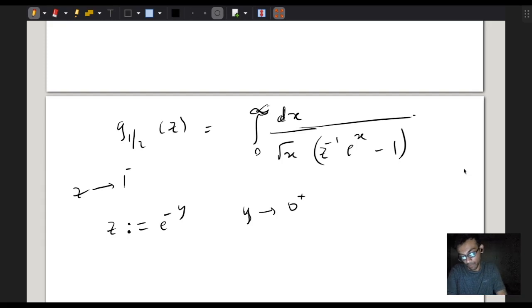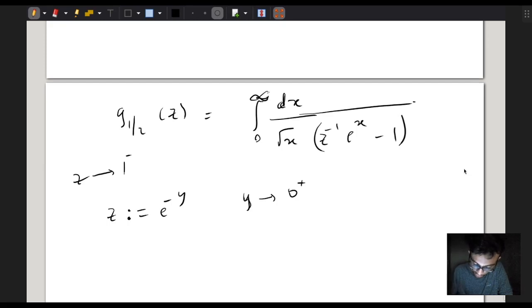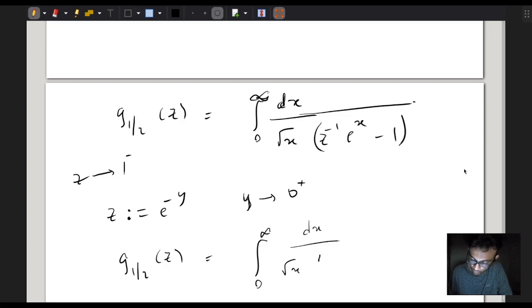So then we can write this as e to the x plus y minus 1.